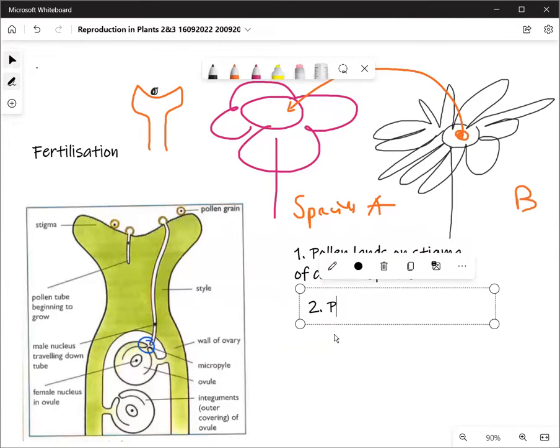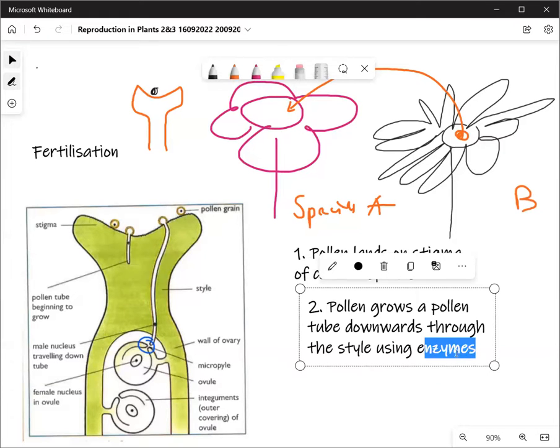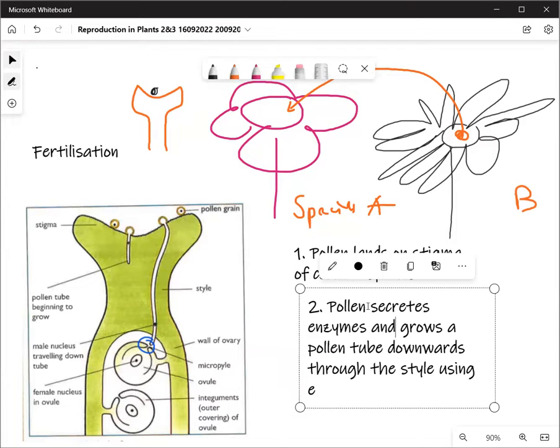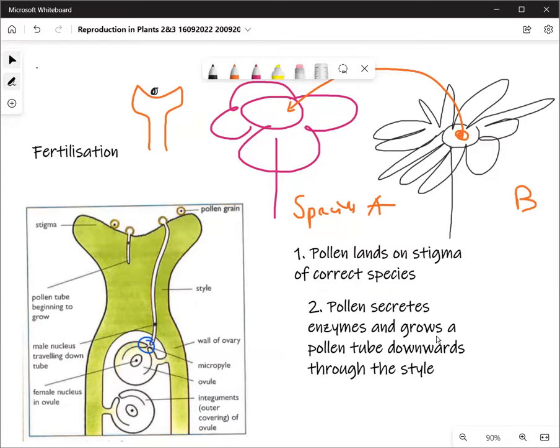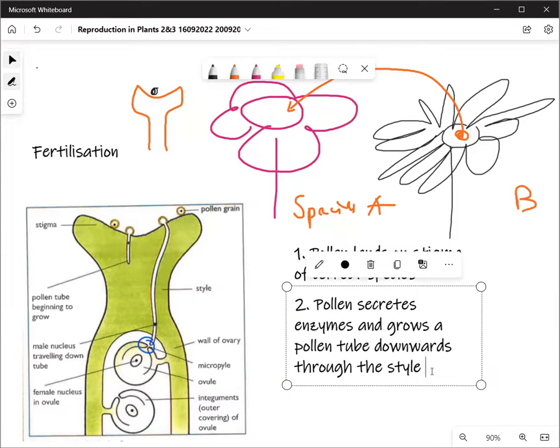Second step is pollen grows a pollen tube downwards through the style, secreting enzymes, and grows a pollen tube downwards through the style. All right, and style and micropyle.